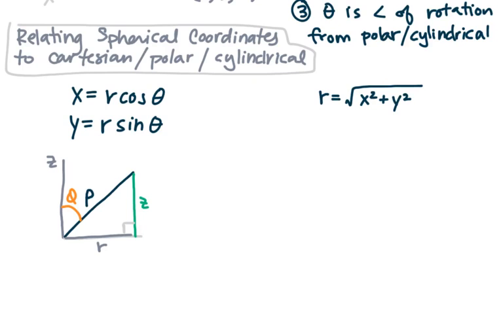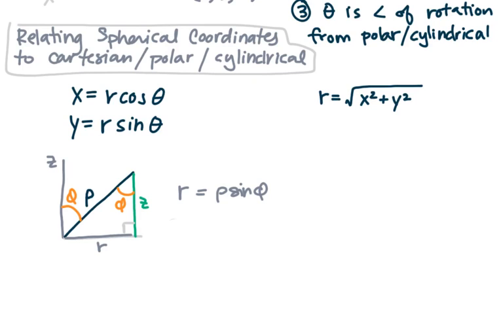Well, one thing I know is that this little angle up here would also be phi. So let's use a trig identity to define r. Now, if we note here that r is opposite and rho is adjacent, we can say that sine of phi would be opposite over adjacent, r over rho, which allows me to rewrite this and say that r would then be rho sine phi.